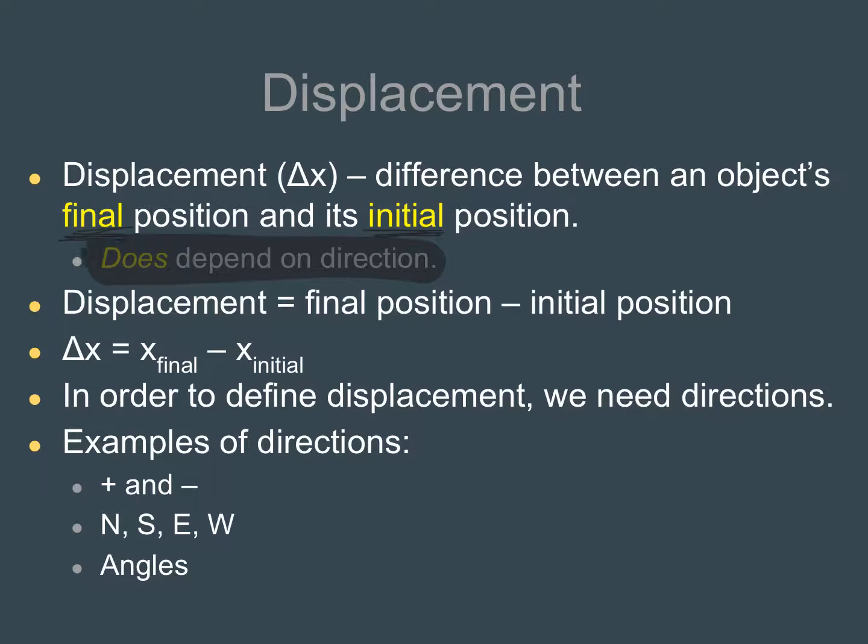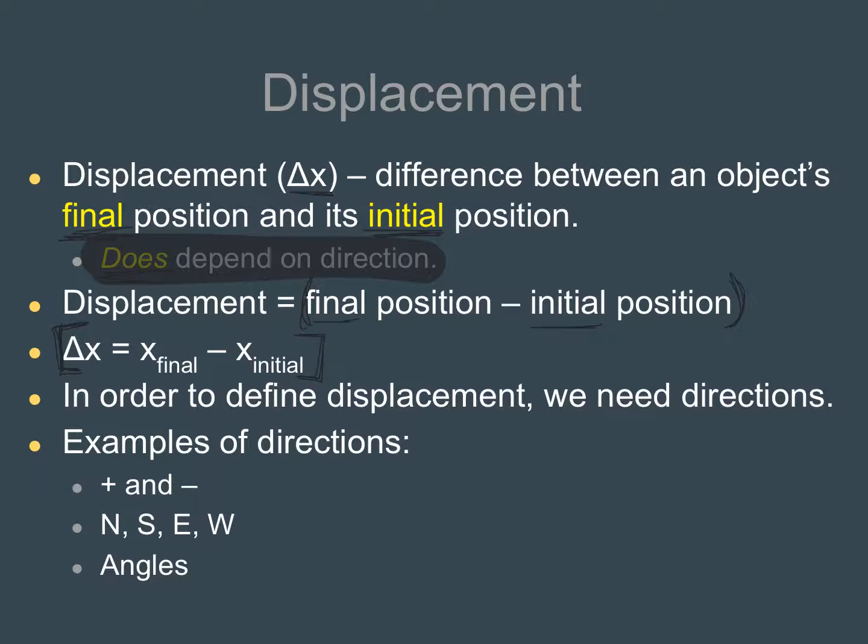So displacement is equal to our final position minus initial. We're always going to do final minus initial, never the other way around. We'll write it as a delta x, which means change in x, or x displacement, which is equal to x final, the final position, minus x initial, its initial position.